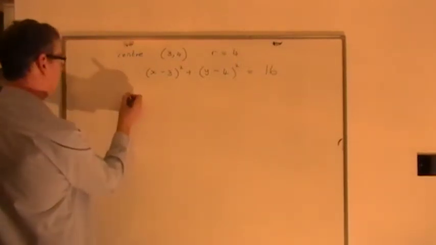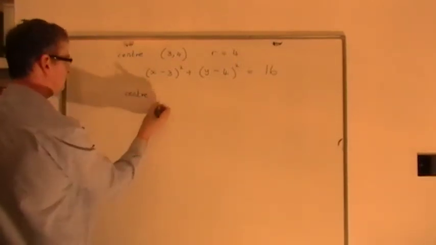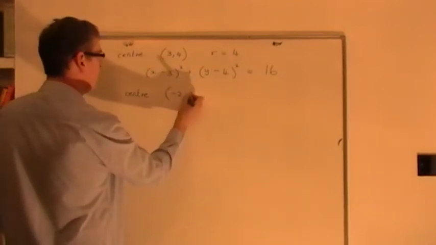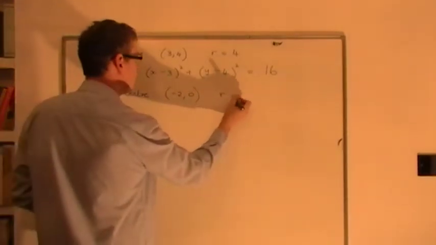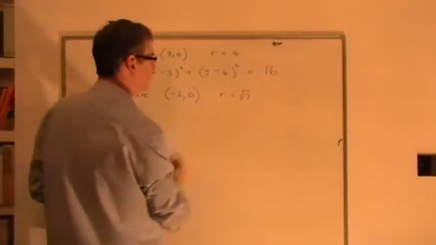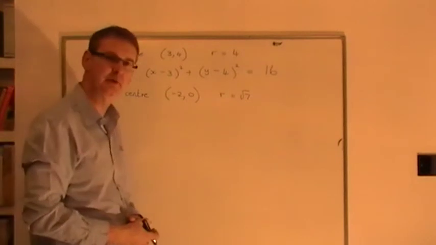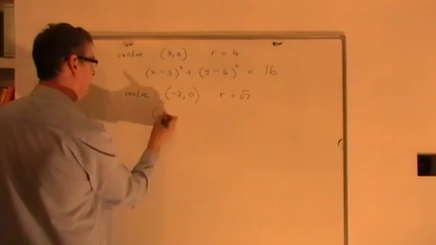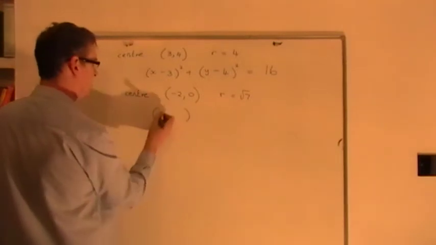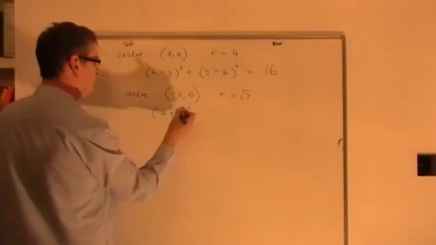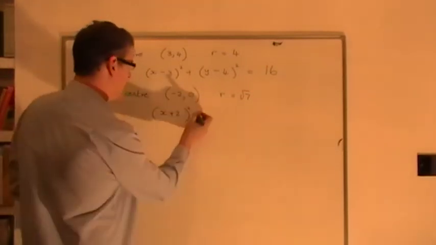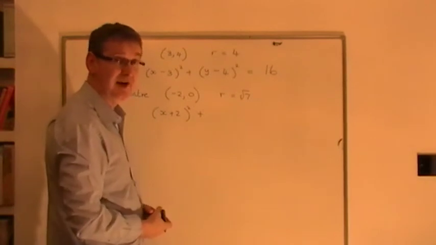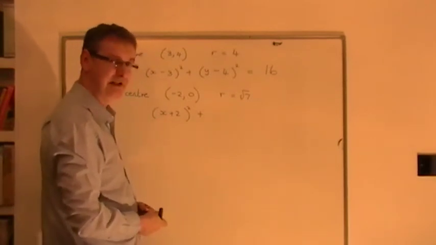I'll give another one. The centre is (minus 2, 0), and the radius is root 7. I want to know what the equation of the circle is. Right, the equation of the circle will be, if it's minus 2, the first bracket will be (x plus 2) squared. Plus, now because the second coordinate, the y coordinate, is 0, I don't really need to put a bracket at all.